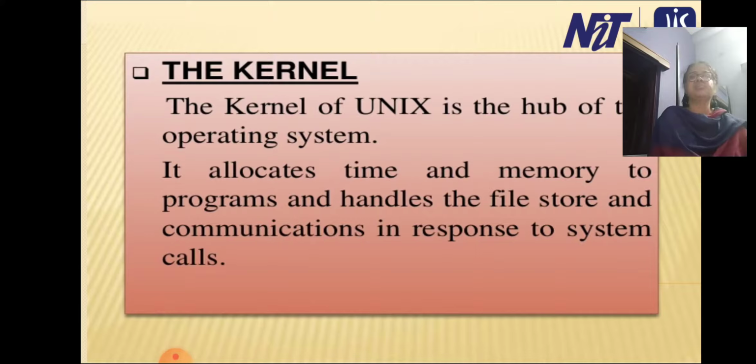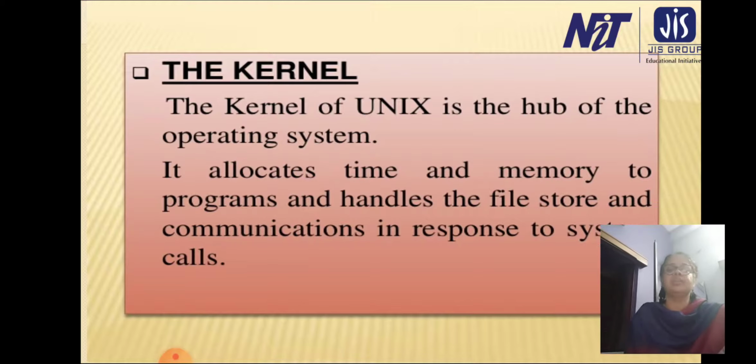It communicates between the two, managing resources as efficiently as possible. So we can say that the kernel of Unix is the hub of the operating system. The kernel is so named because, like a seed inside a hard shell, it exists within the OS and controls all the major functions of the hardware, whether it is a phone, laptop, server, or any other kind of computer.